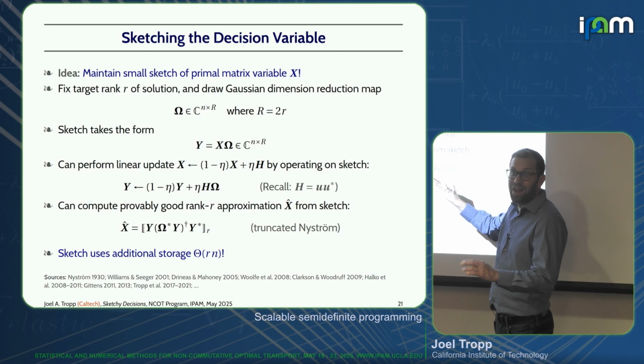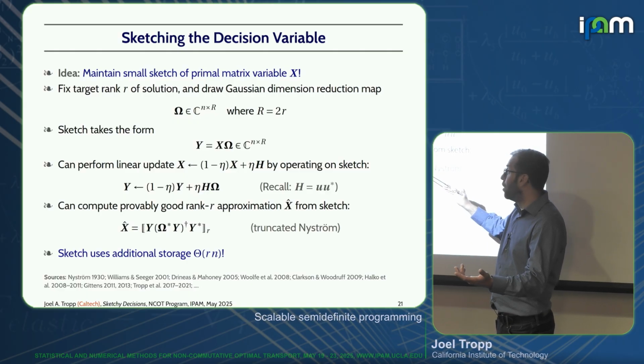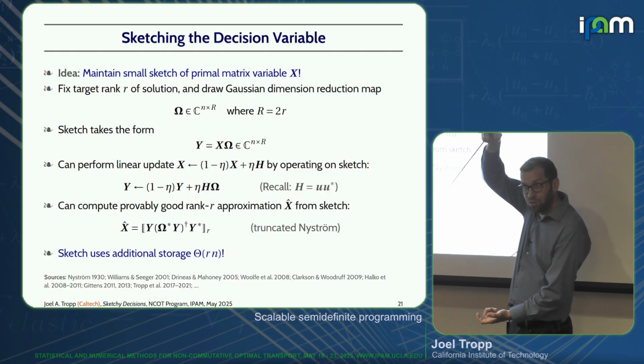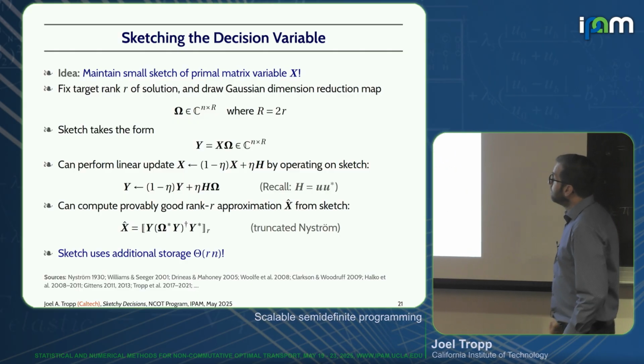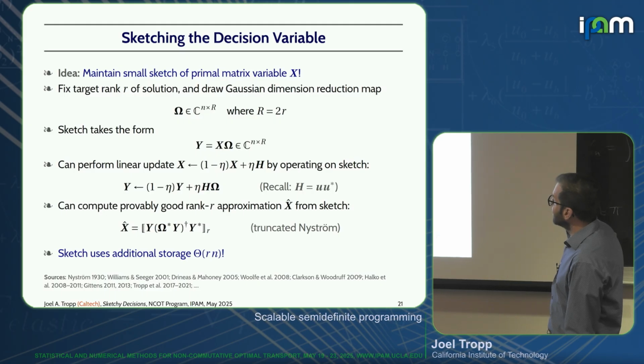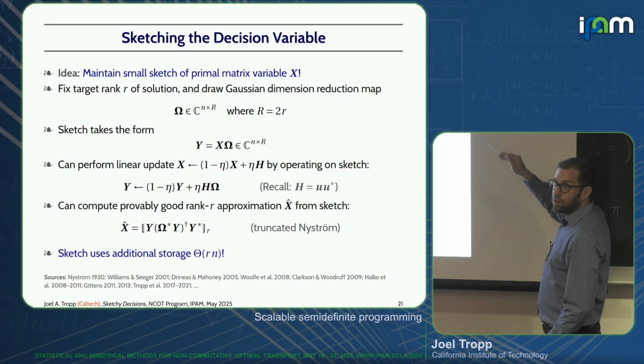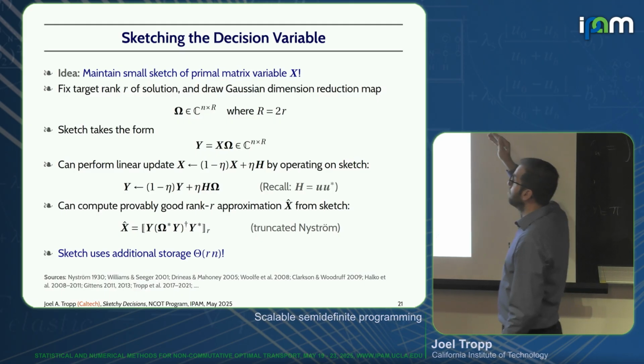And H is just a rank 1 matrix, so this update to this tall matrix is a cheap linear operation because H is rank 1. All right. So this is what we layer on to keep track of the matrix solution to the optimization problem.